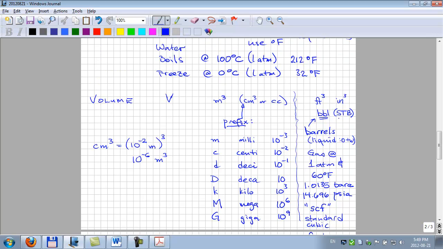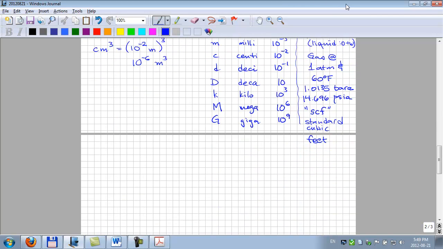I'll just bring that down here. STB, stock tank barrel, which means standard condition barrel. Same 1 atmosphere and 60 degrees Fahrenheit.